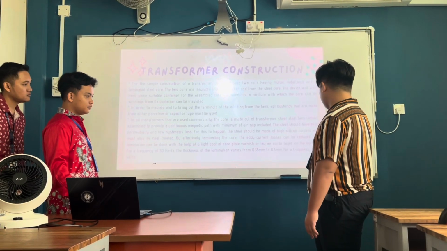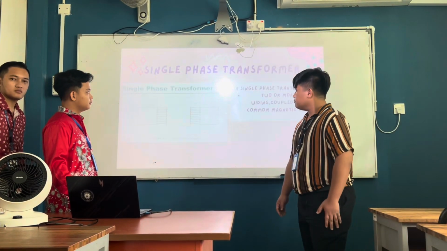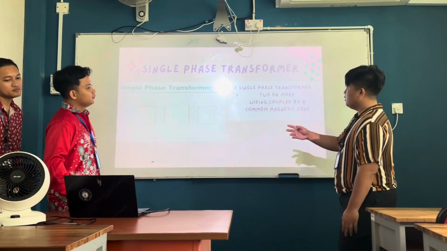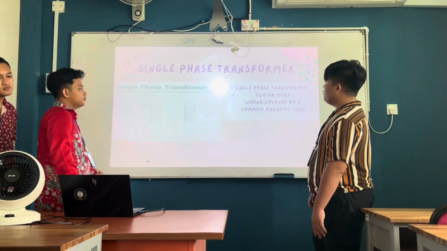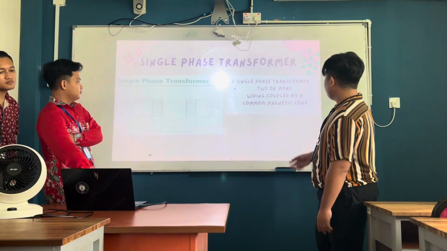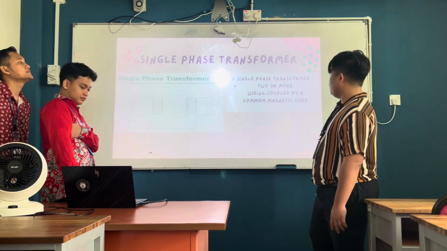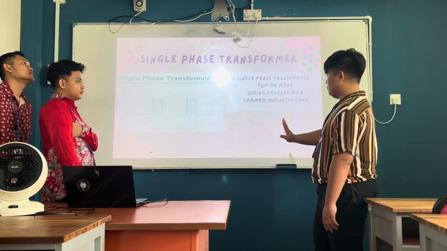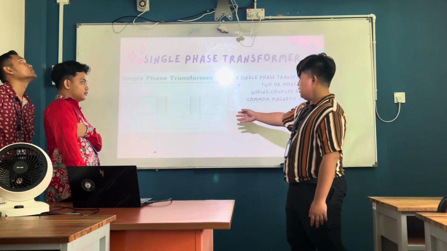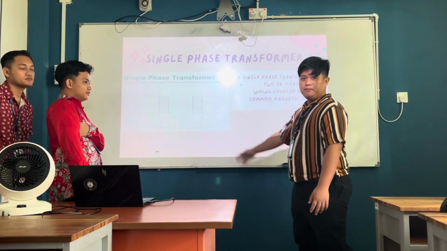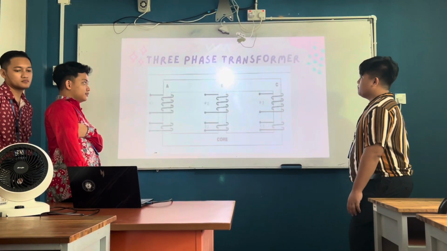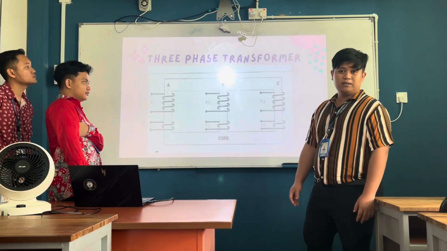A single phase transformer has two or more windings coupled by a common magnetic core. This is a picture of a single phase transformer. Okay, next slide. This is a three phase transformer.